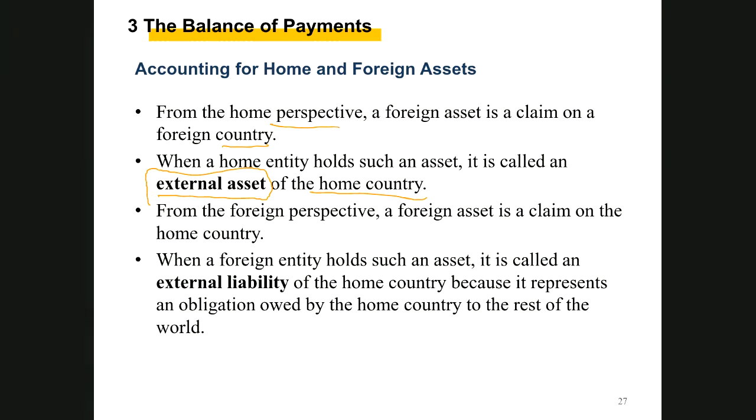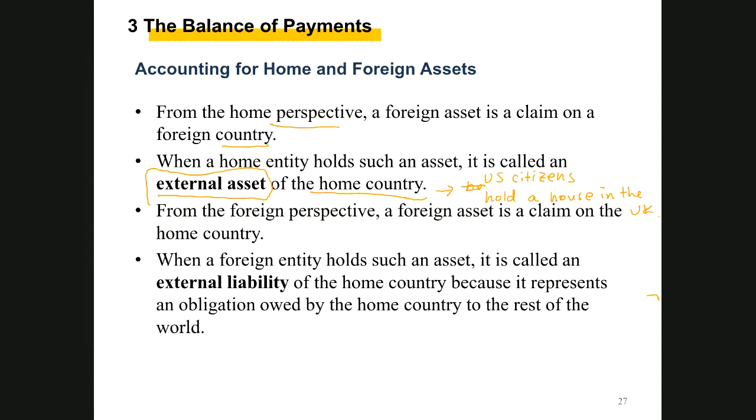For example, a U.S. citizen holds a house in the UK, right? External asset.